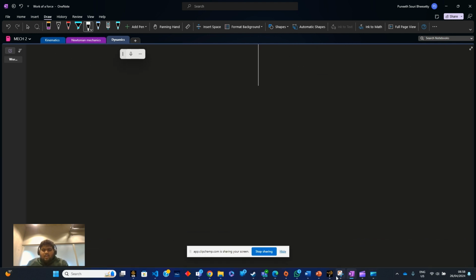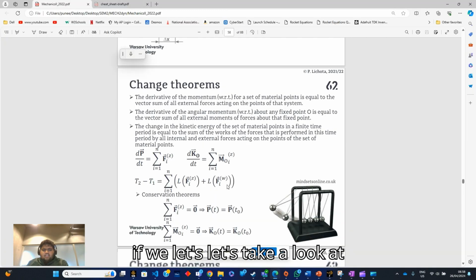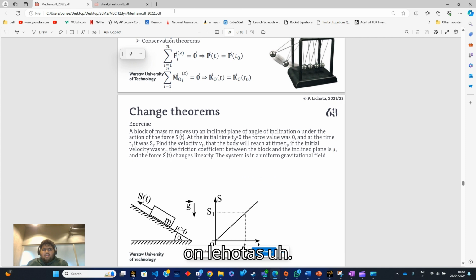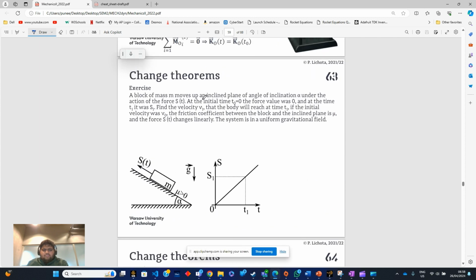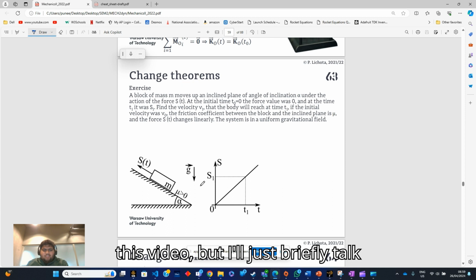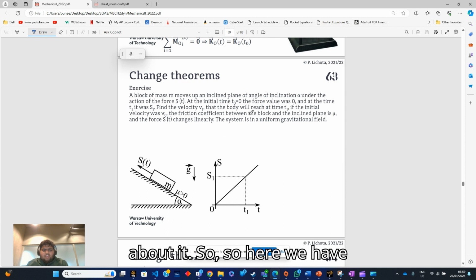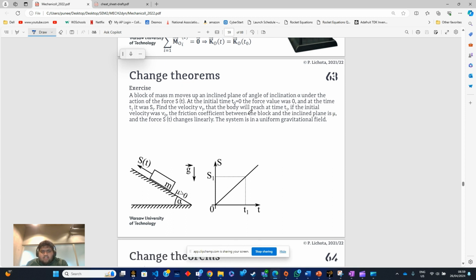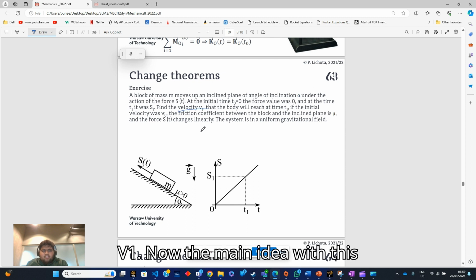Let's take a look at two of the problems on Lihota's web page. I'm not going to solve this problem in this video, but I'll just briefly talk about it. Here we have a scenario in which we have to find velocity v1.